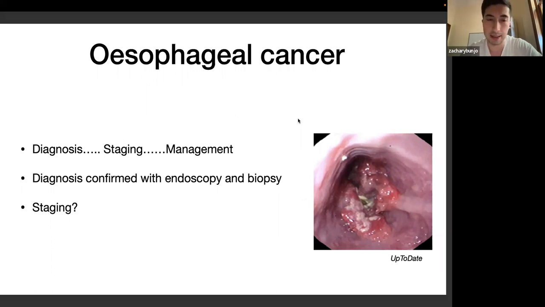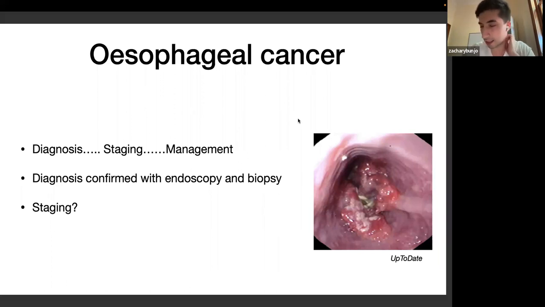So CT is obviously very useful there. You mentioned PET, that's pretty good as well. Slightly more controversial, but where PET is quite strong is for picking up occult PET avid disease that's not immediately obvious on the CT scan, and that might obviously influence the way a patient is managed.